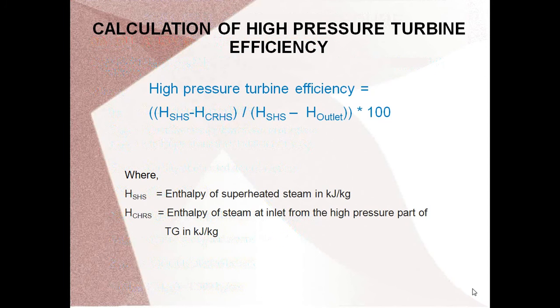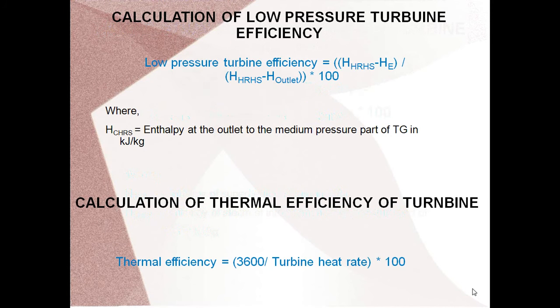Next, the calculation of high pressure turbine efficiency. How do we calculate the turbine efficiency of high pressure? High pressure turbine efficiency equals HSHS minus HCRHS divided by HSHS minus H outlet into 100, where we already mentioned HSHS equals enthalpy of superheated steam in kilojoule per kg.